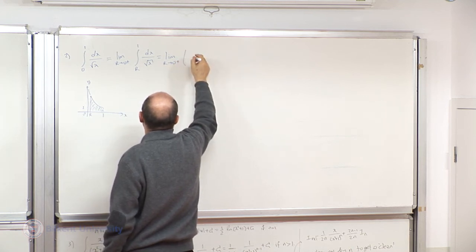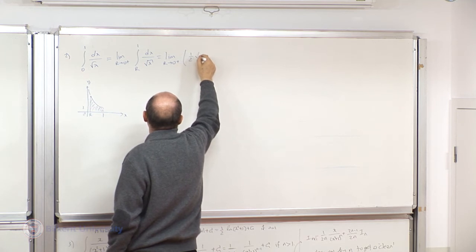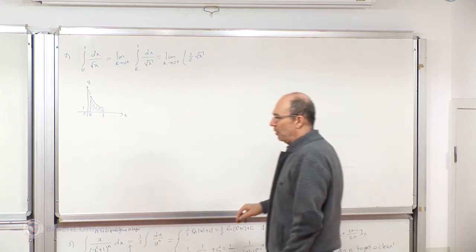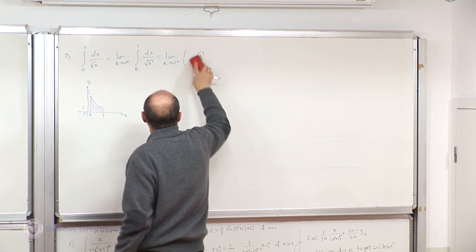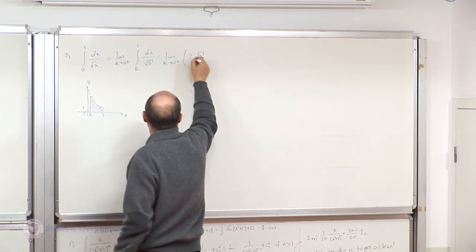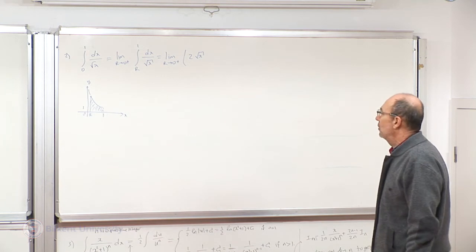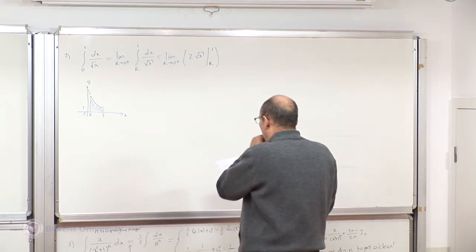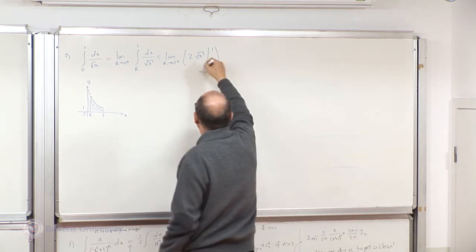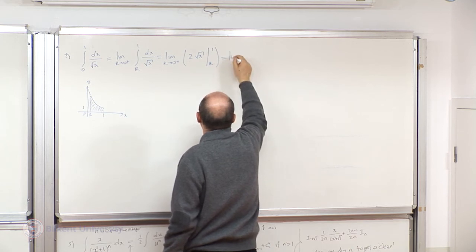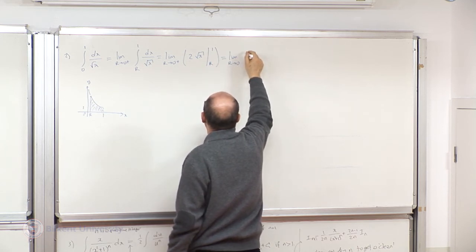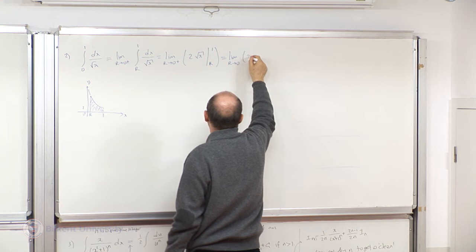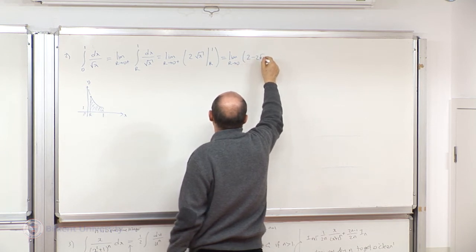I know an antiderivative: 2 times square root of x, because if I take the derivative of this, I'll get 1 over square root of x. So from r to 1, I evaluate this before I take the limit. Limit as r goes to 0 of, you put x equals 1, you have 2 minus 2 square root r.